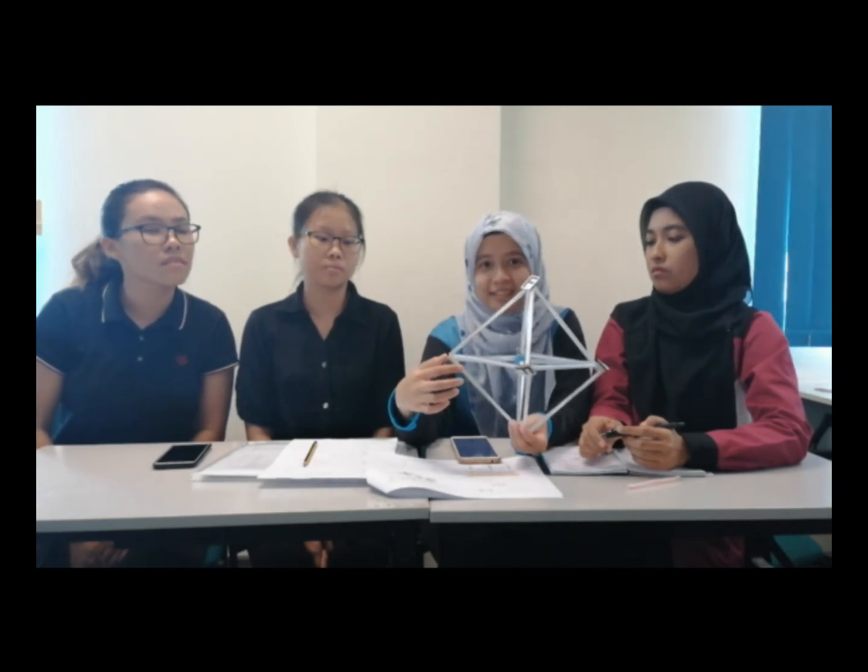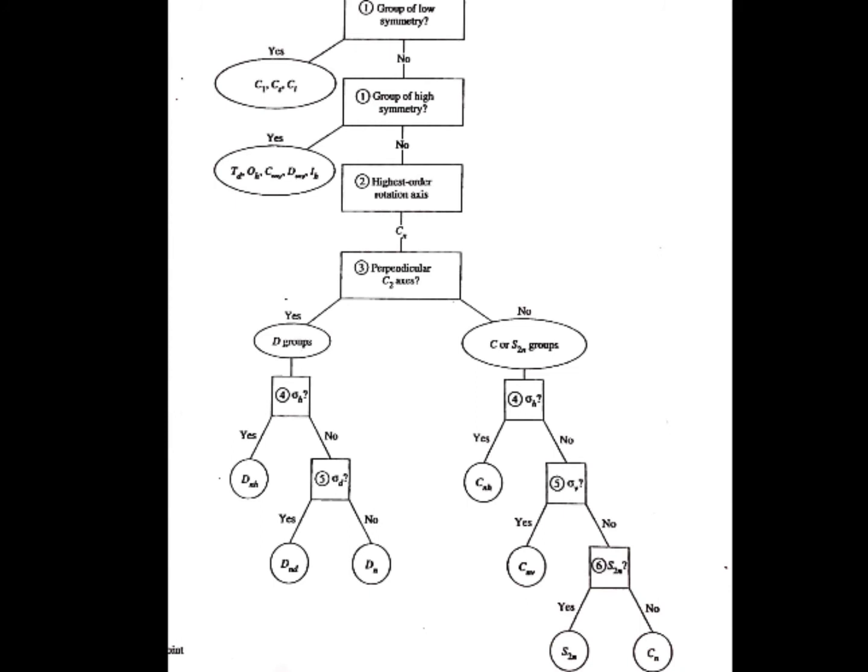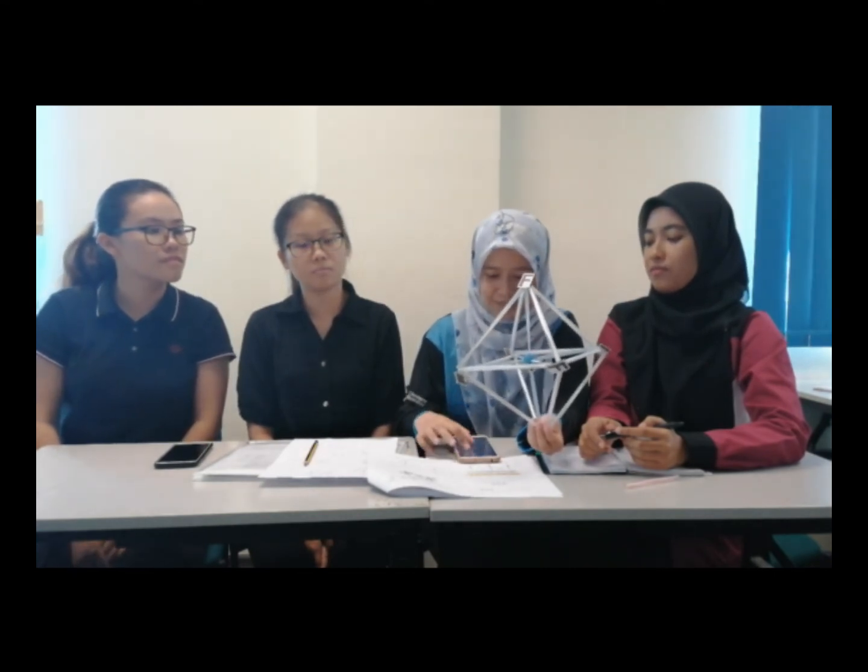To determine the point group of octahedral, we need to follow the flow chart as shown. First, we have to look for the group of low symmetry.